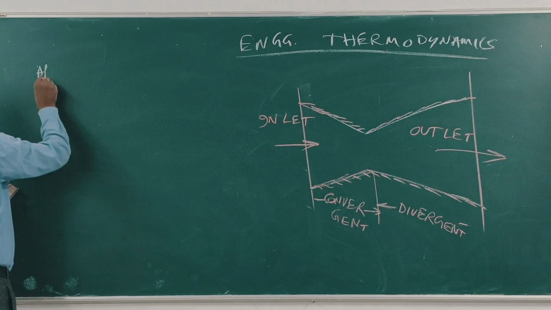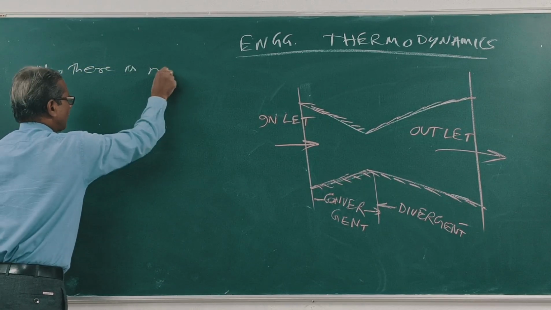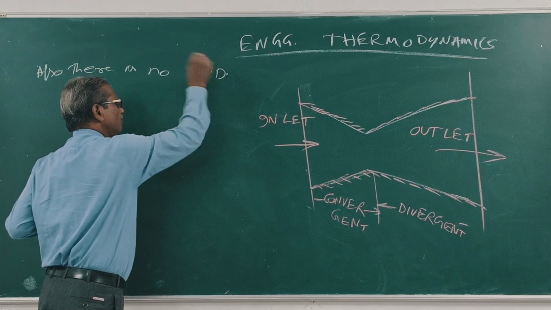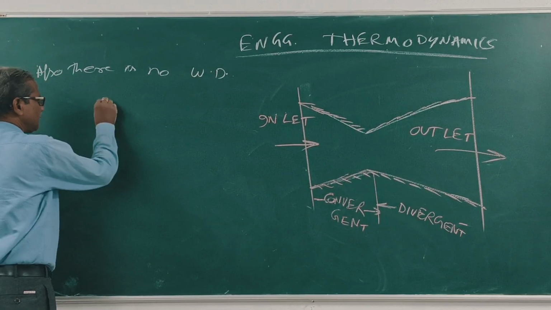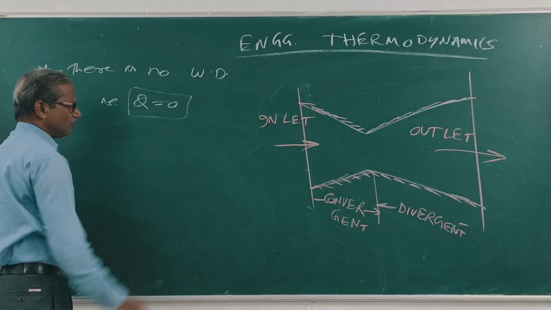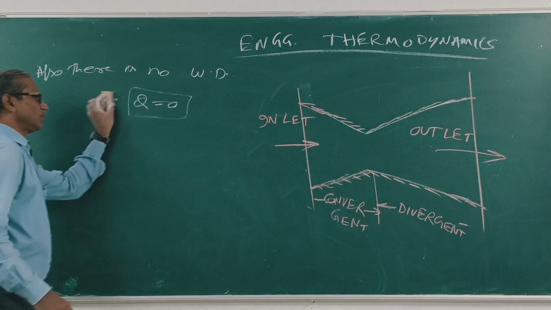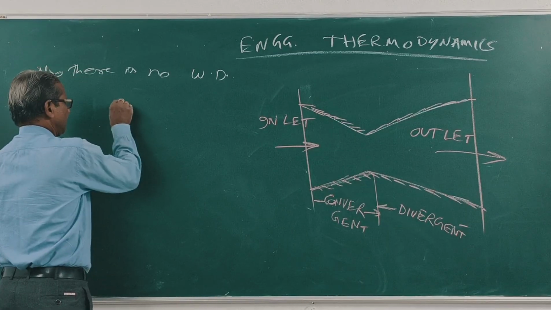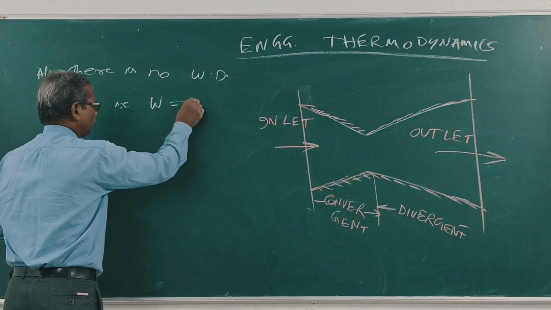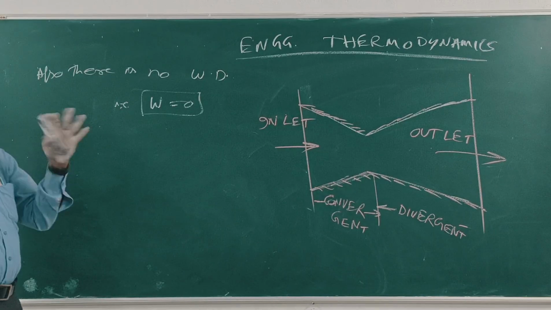Also, there is no work done. That is W is equal to 0. Clear? W 0, Q 0.